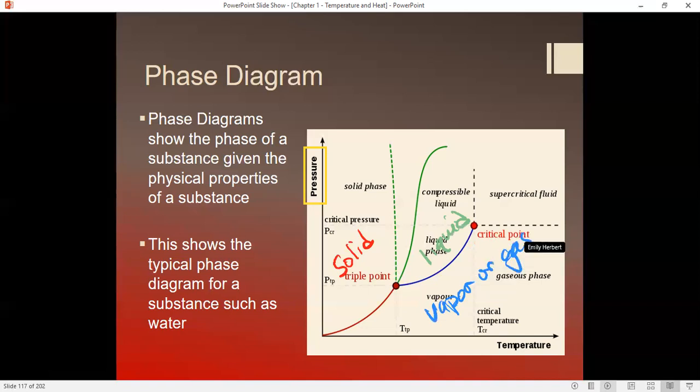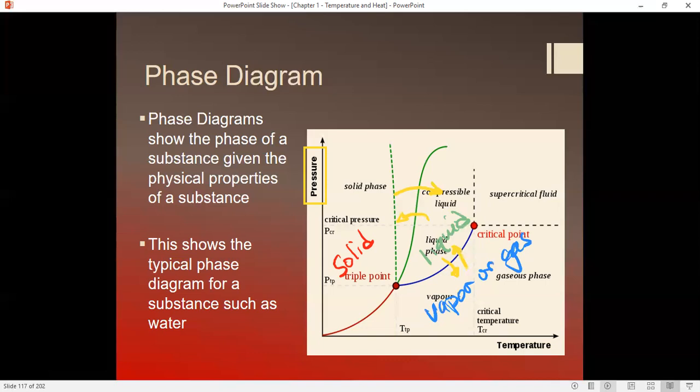Okay, so again, as we cross these different lines, we go from a liquid to a vapor, that's boiling. So we're going from a vapor to a liquid, that's condensing. Going from a liquid to a solid, we're freezing. Going from a solid to a liquid, okay, melting. All right, and again, there are some less common types of transitions that take place.